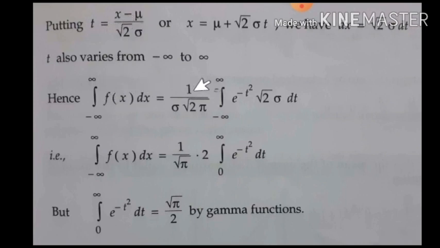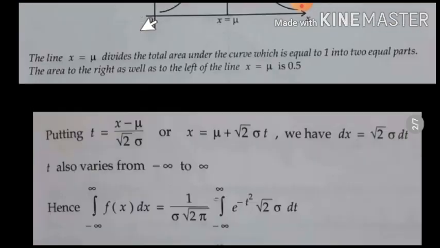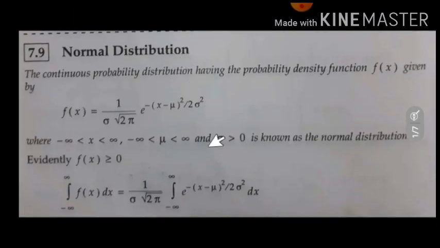So substitute 1 by sigma root 2 pi, and e to the power of minus, in place of (x minus mu) by root 2 sigma. Because the 2 is not squared but the other terms are, we made the 2 also root 2 square. So (x minus mu) by root 2 sigma, I am substituting as t.